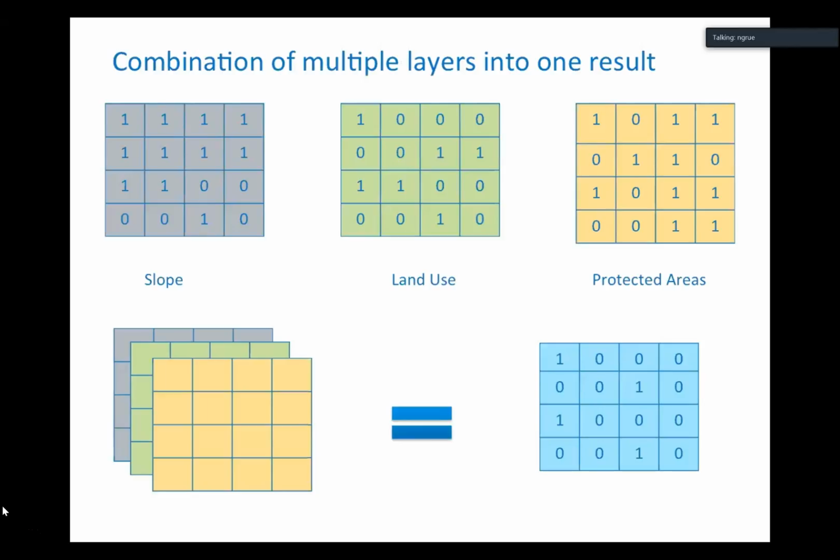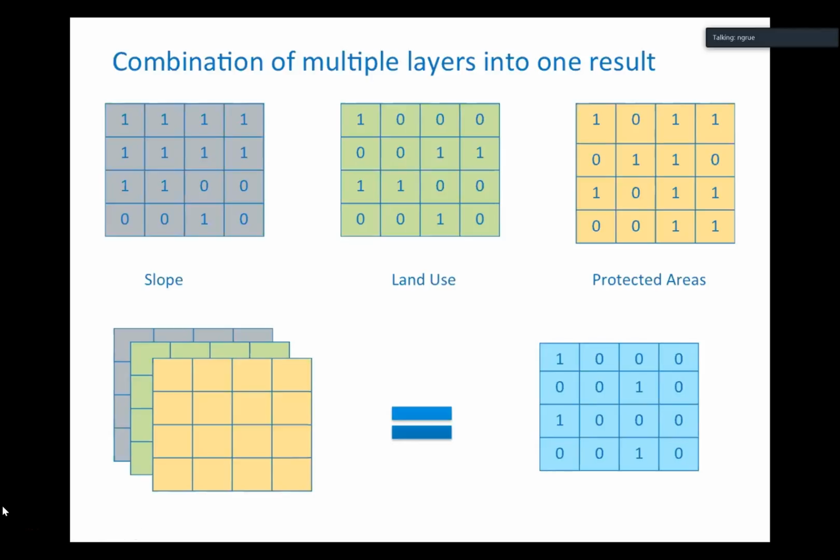So if you have several different layers that you're interested in, this is how it might pan out. You'll have slope, land use, protected areas, and they all look different, but then you multiply them together and you end up with this blue raster tile down here, and that's just the combination of all the true and false areas.